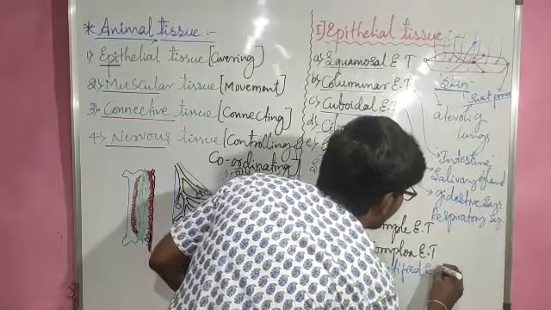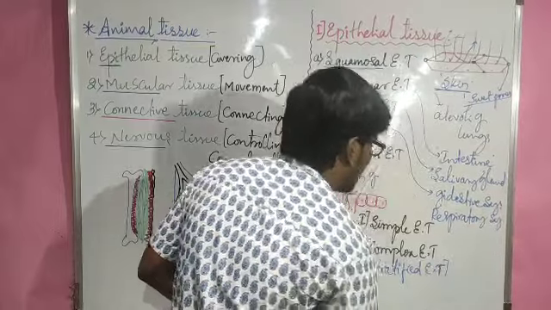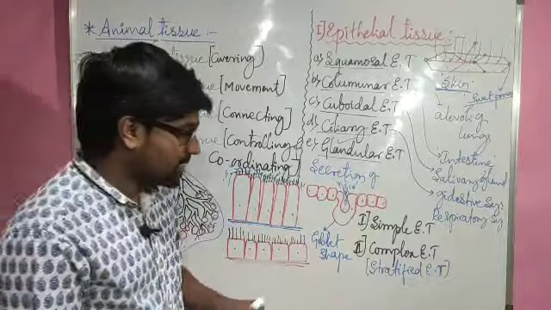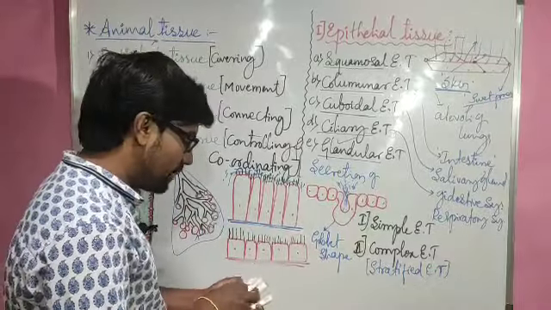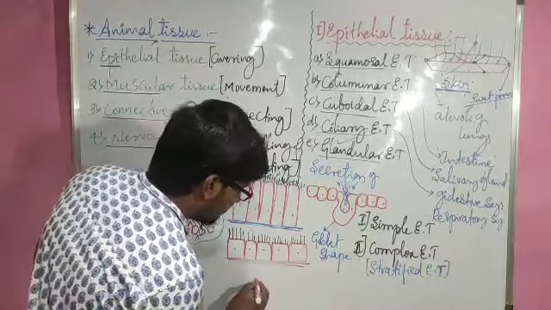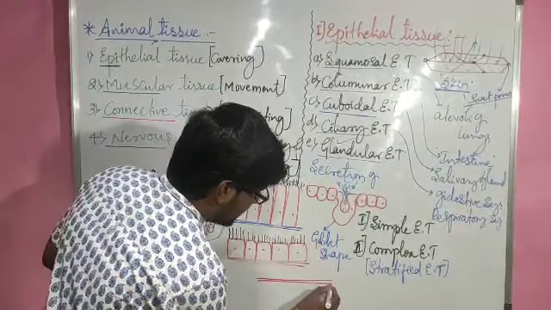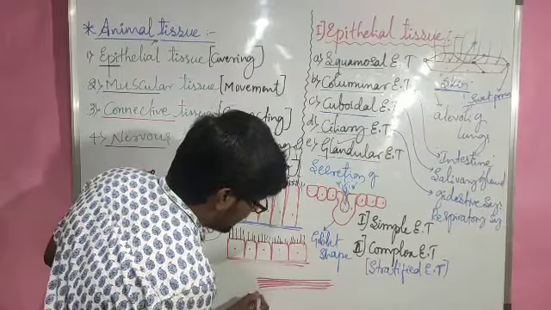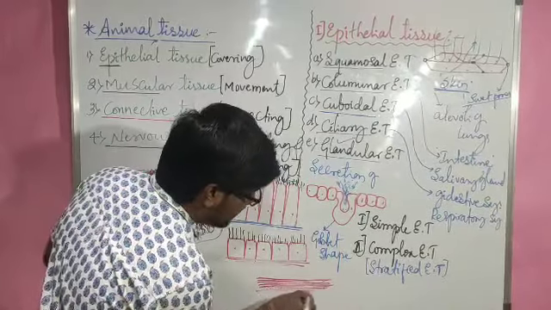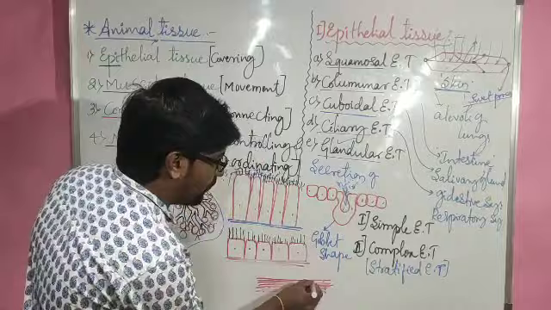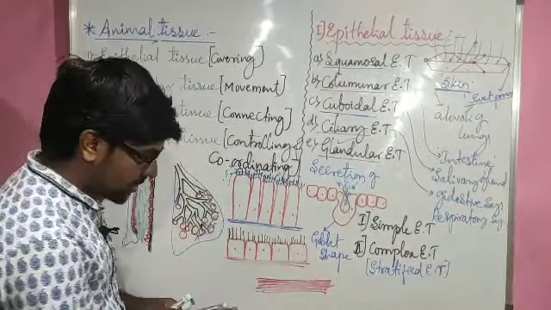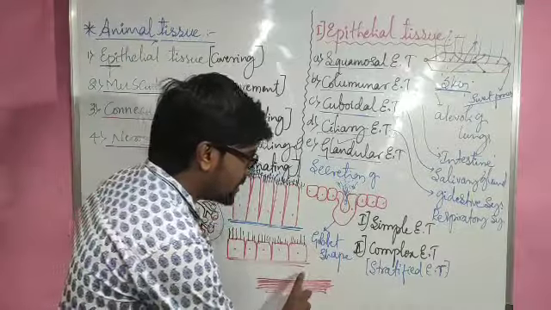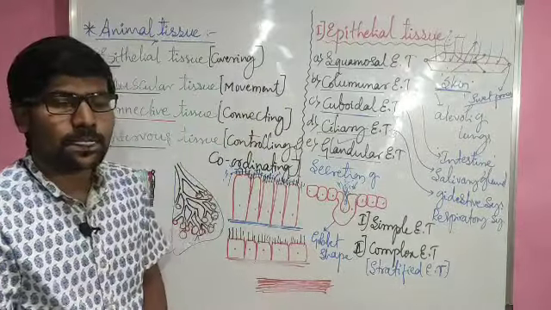Because of that reason we will call this complex one stratified epithelial tissue. That means it has many layers. For example, this is one layer, next layer, and below another layer, next layer, next layer, next layer. So many layers are present here, and they form a sheet-like structure, a small rigid thin structure. This is an example of complex epithelial tissue.